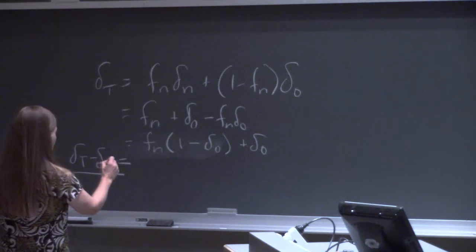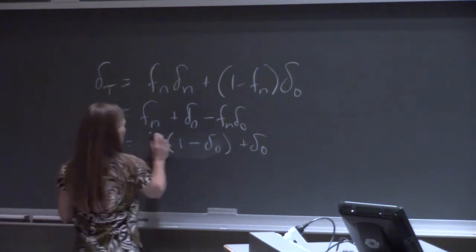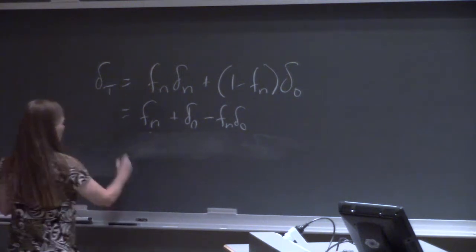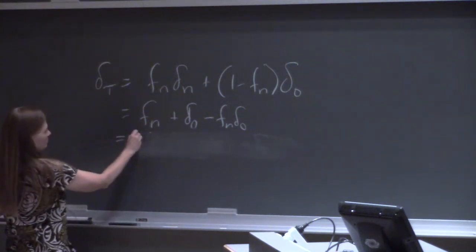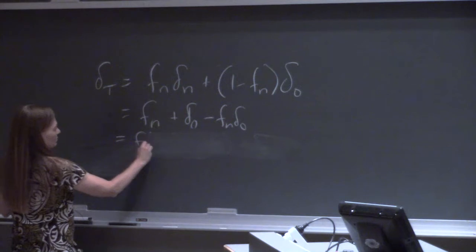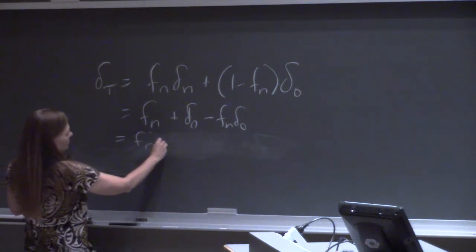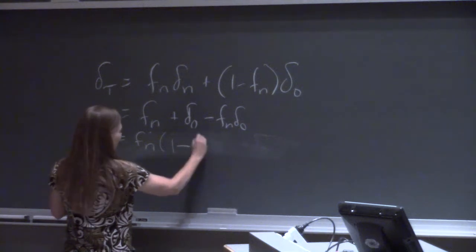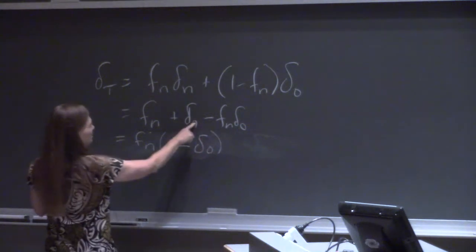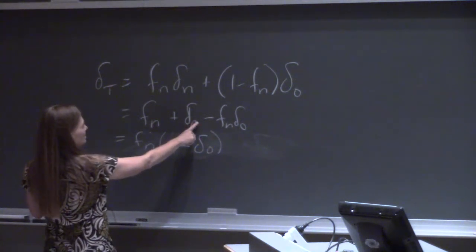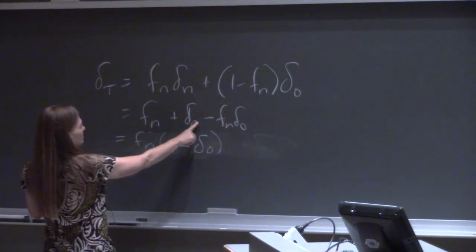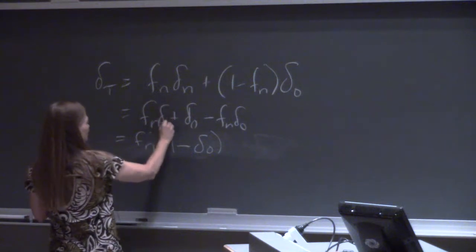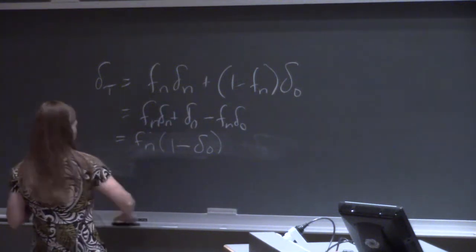I think you missed it, it should be one. Am I, oh, I think the one to the left, isn't it FNDN? FNDN, yep. There we go. That's the mistake, thank you.